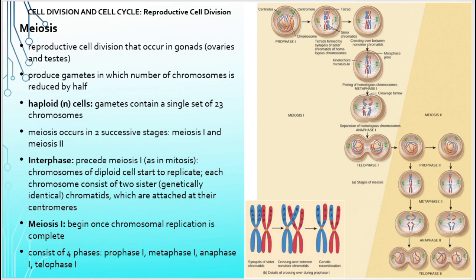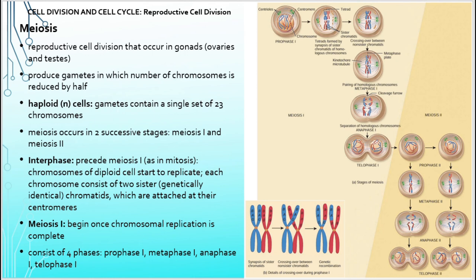As a result of this meiosis, gametes contain a single set of 23 chromosomes, and that's why they are termed haploid cells. And fertilization restores the diploid state. Unlike mitosis, which is complete after a single round, meiosis occurs in two successive stages, meiosis 1 and meiosis 2.